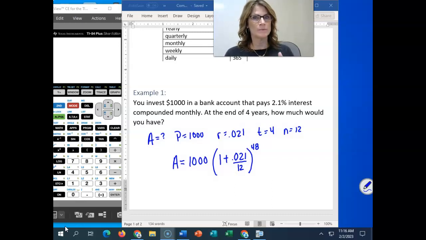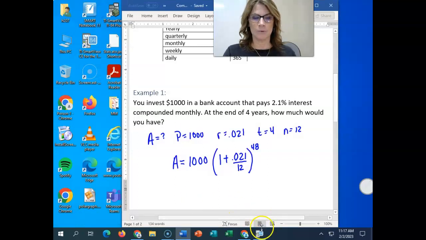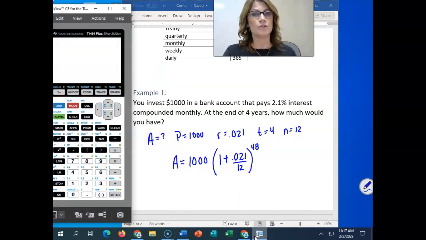But since it's 12 times a year, we have to divide that out by 12, and then we're raising it to the number of time periods, which is N times T. So I went ahead and just multiplied 4 times 12 and put 48. Okay, so you have to be sort of careful entering things on your calculator. Do not round anything off until you get to the very, very end. And you can type it in all at one time.